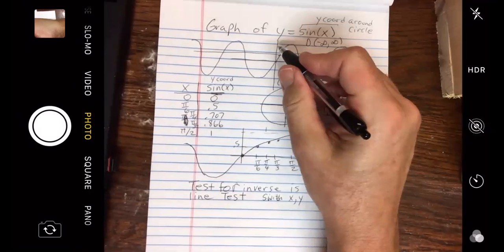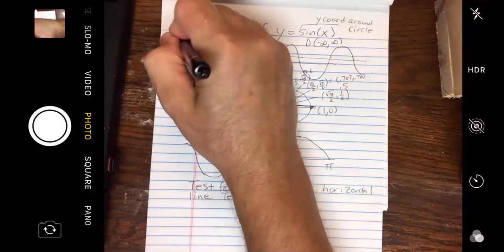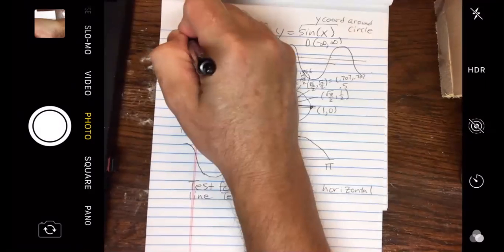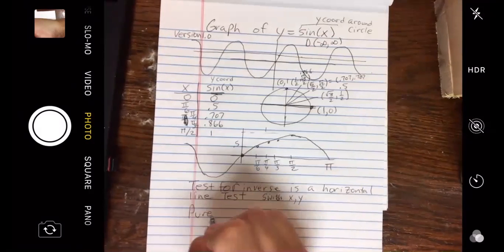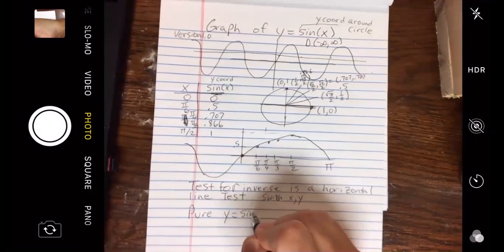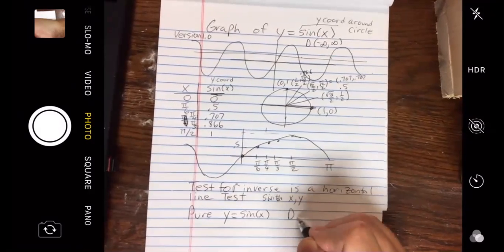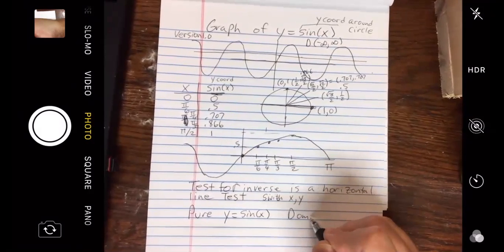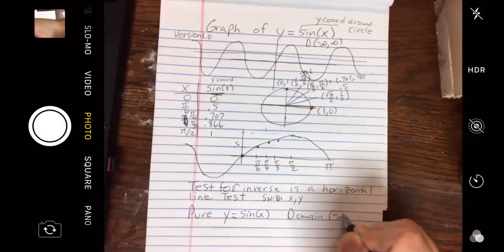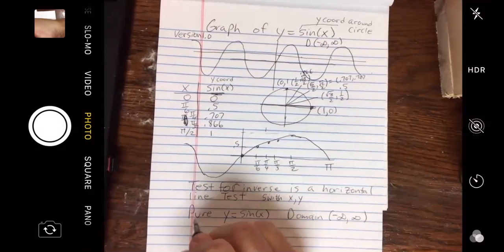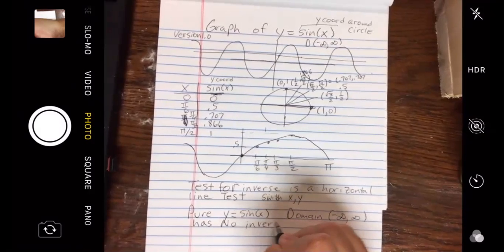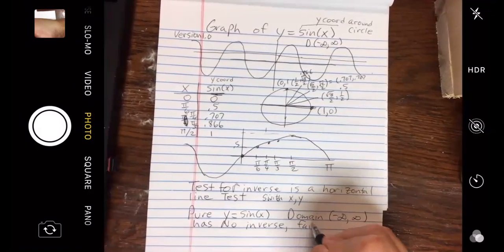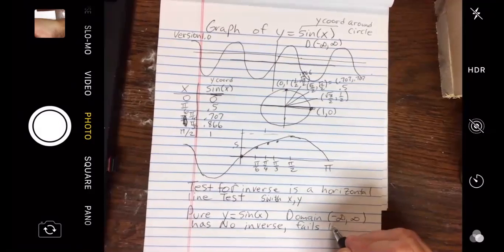So we'll call this version 1.0. Pure sine of x with a domain -infinity to infinity has no inverse. It fails the horizontal line test.